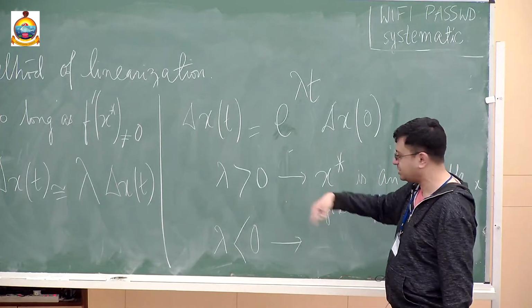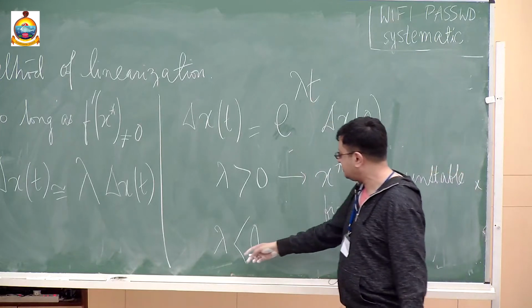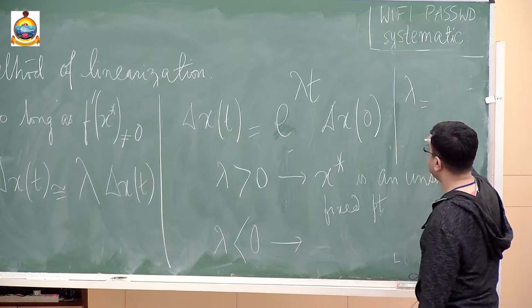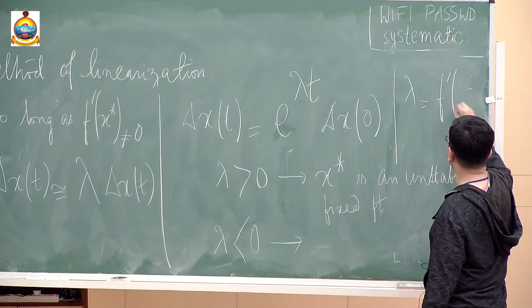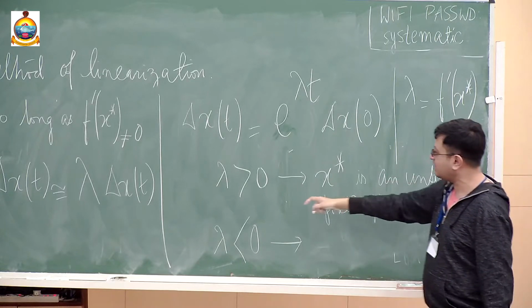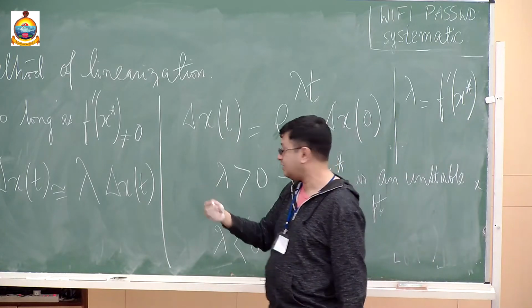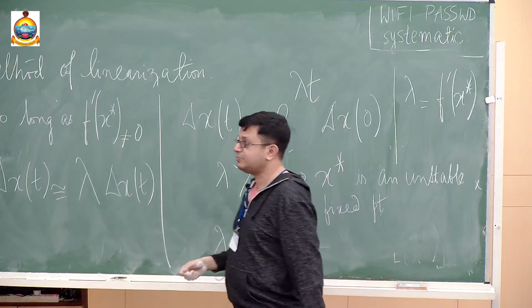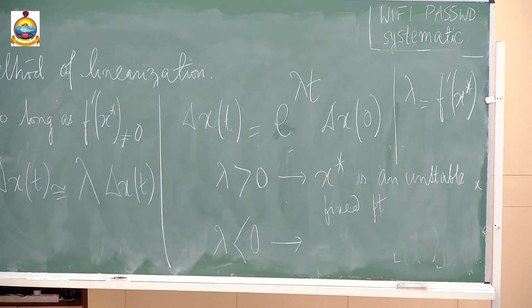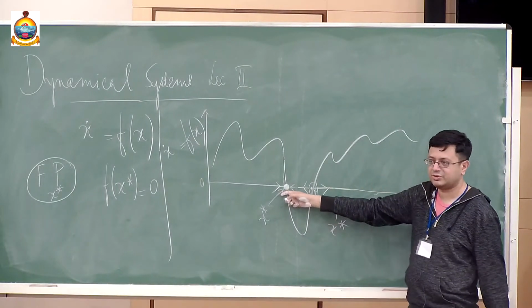So, if lambda is positive, it is an unstable fixed point. If lambda is negative, it is a stable fixed point. And remember what lambda is: lambda was f prime of x star. So it just tells me that if the local velocity slope is positive, I have an unstable fixed point. If it is negative, I have a stable fixed point, and that is very much consistent with what I have drawn here.